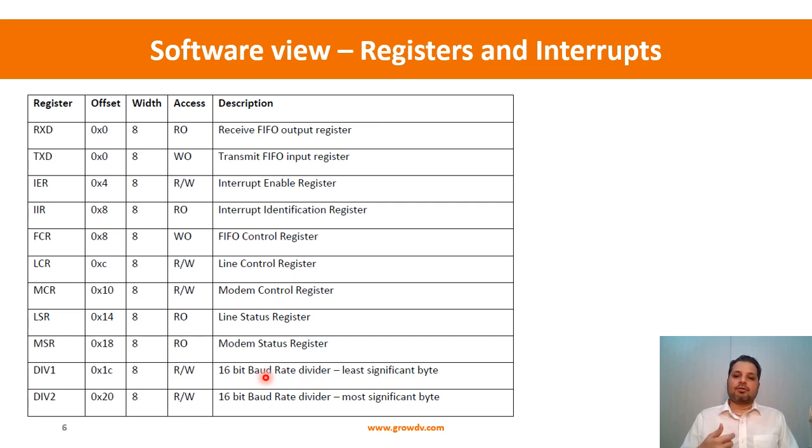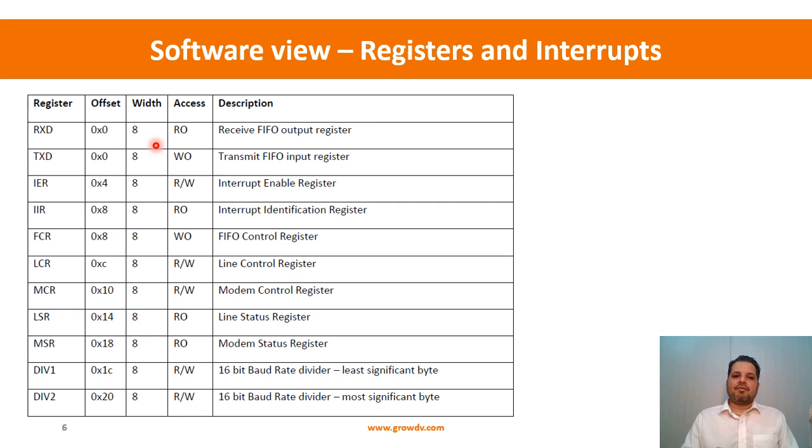This is the value that is used to derive the baud rate clock, which is eventually used for your transmit and receive data serialization and deserialization. It uses the baud out clock generated out of the baud rate generation logic, which uses these control registers.